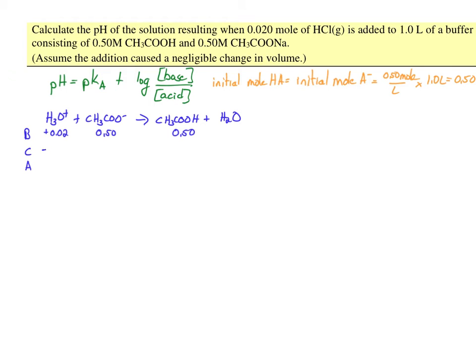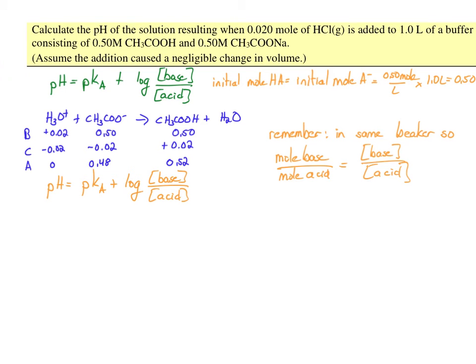All of our added acid is going to be consumed, and it's going to consume an equal amount of our base and produce that amount of its conjugate acid, so that after the reaction occurs, we have 0.48 moles of the base and 0.52 moles of the conjugate acid. Now we can apply the Henderson-Hasselbalch equation.